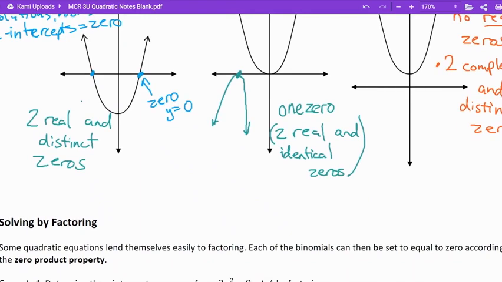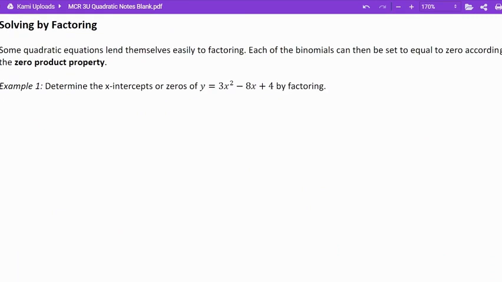All right. So how is it that we find these solutions? How do we solve? Well, one of the ways that we solved in grade 10 is by factoring. And we talked about using the zero product property. What is the zero product property? This is when you take a quadratic equation and you factor it, and then each binomial can then be set to equal 0.